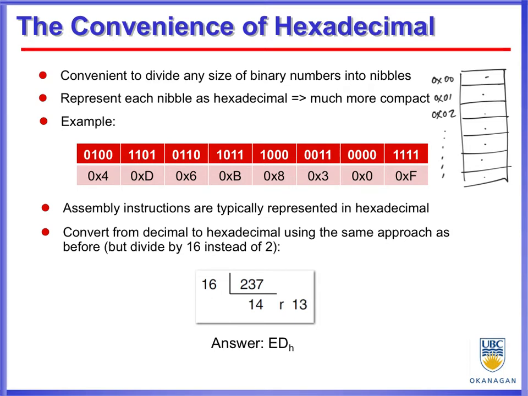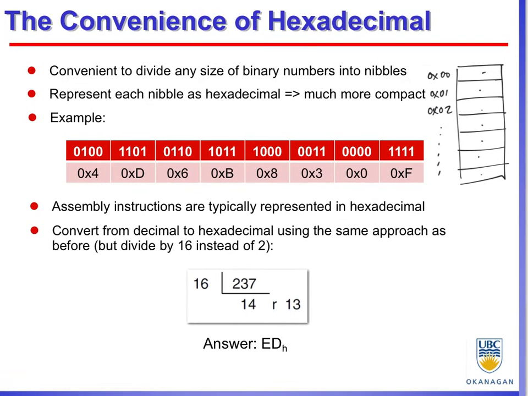Another very convenient reason to use hexadecimal, not so much for memory addresses, but for instance, when we start looking at a particular assembly language instruction, which we're going to be looking at a little bit today. It consists of a number of bits, some combination of ones and zeros. That might be the machine language representation for a particular assembly language instruction.